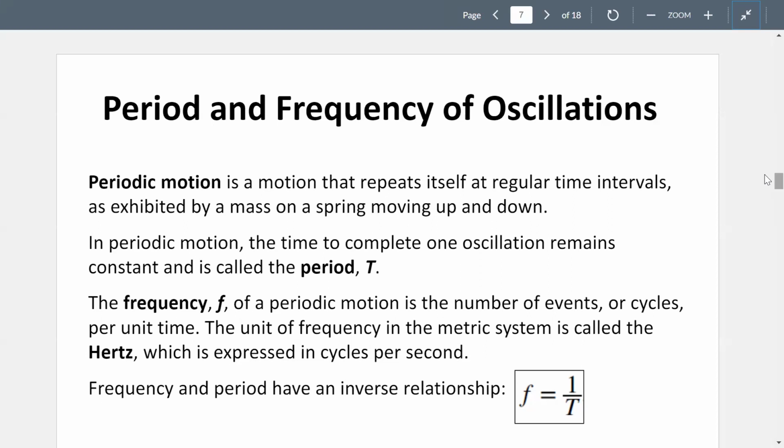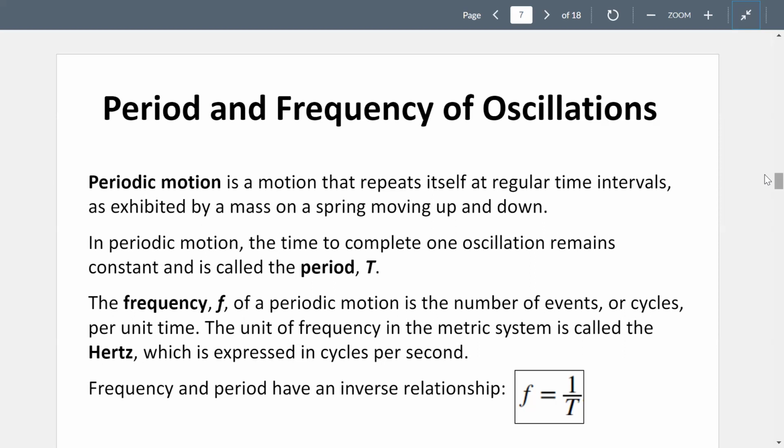So period is the time for one cycle. The frequency is the number of cycles per unit time. And the unit in the metric system, the SI system, for frequency is the hertz. We already know the unit for a period, because that's time, that's in seconds.